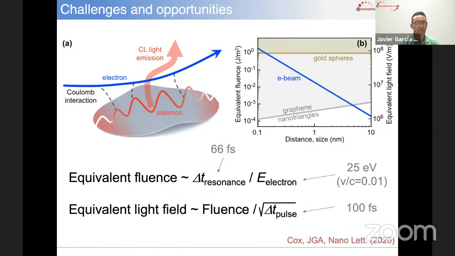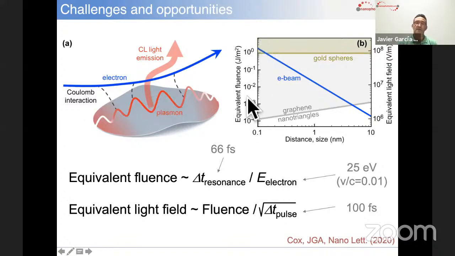No? Talking about nonlinear response of materials and also free electrons, if an electron travels with sufficiently small velocity, the interaction with an optical mode can be very, very strong. And in principle, you can question what is the equivalent fluence if you illuminate a certain structure with light or you illuminate with a single electron.